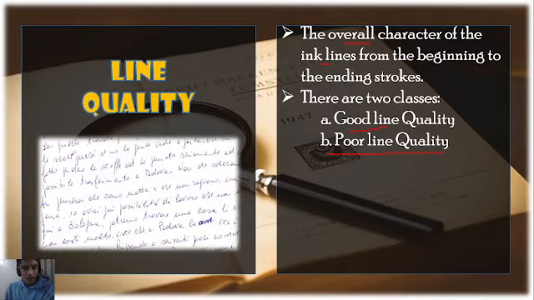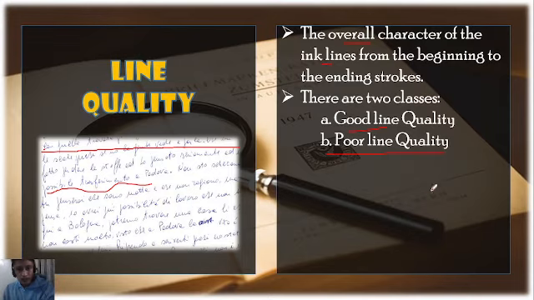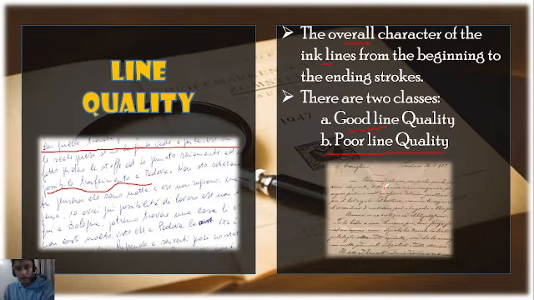We say it is good line quality when from the very beginning the ink line is the same up to the last stroke he created. Poor line quality is when it varies, when his baseline keeps changing.